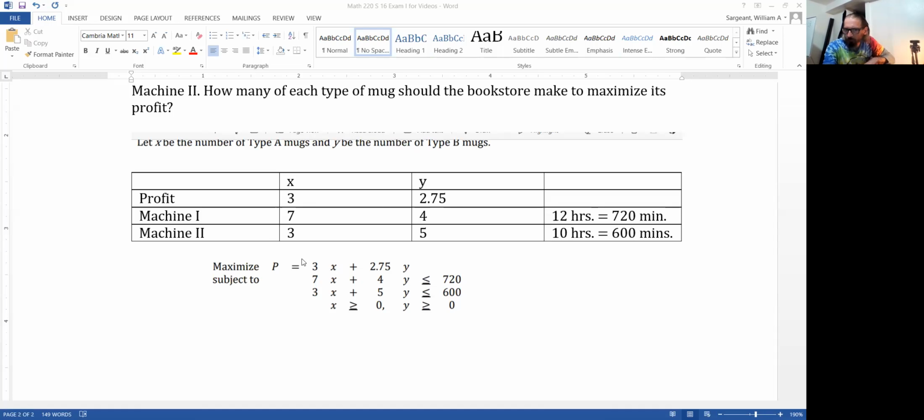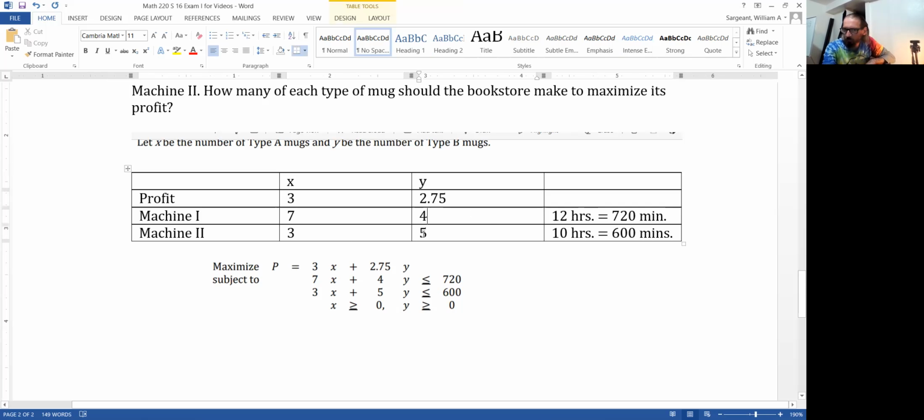No inequality there. And then we have to state subject to, which some instructors may allow you to abbreviate as S.T. So S period, T period, and 7x plus 4y less than or equal to 720, because you may wind up using all of machine 1's time, but you may not.